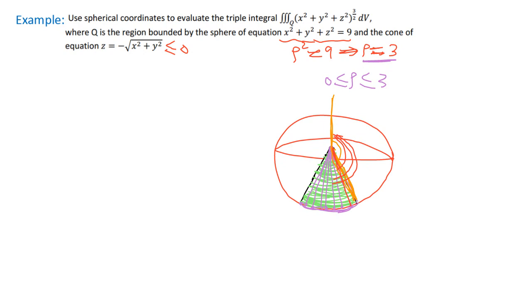The maximum rotation for phi is what? Is pi. So this is when phi equals pi.